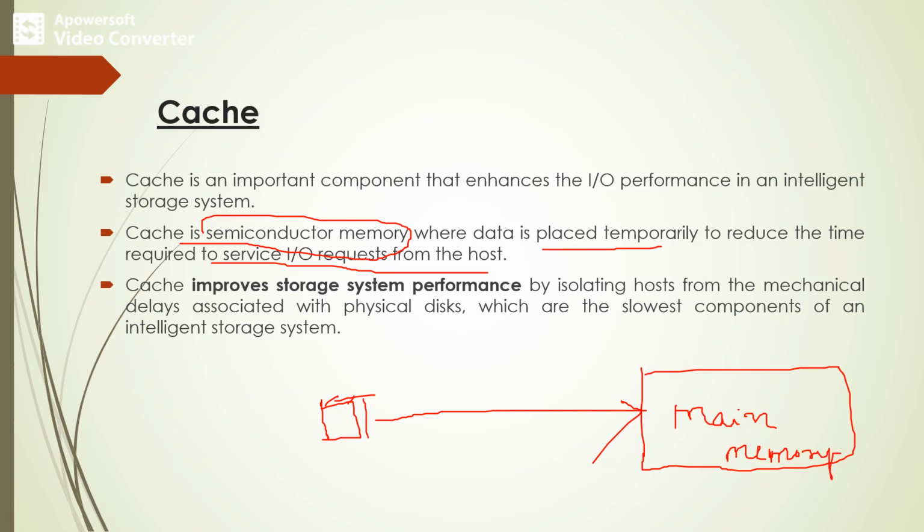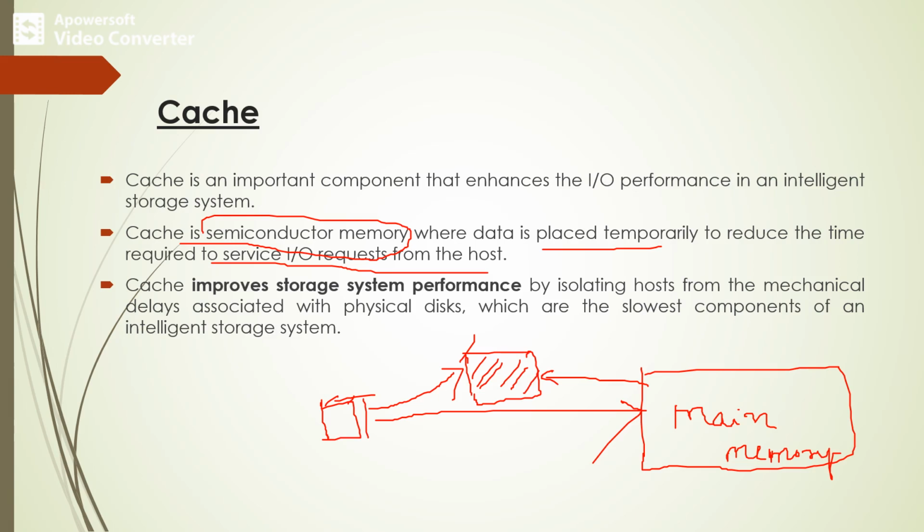So in order to avoid that, I can consider a single cache structure. Within that, I can copy a part of the main memory, so that the host can access the cache directly and it can perform the read or write operations very quickly.